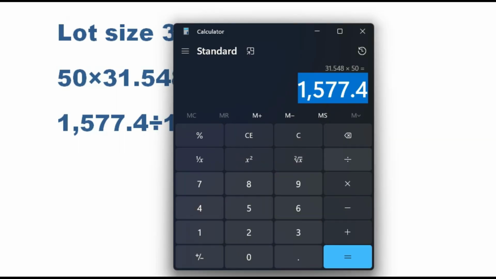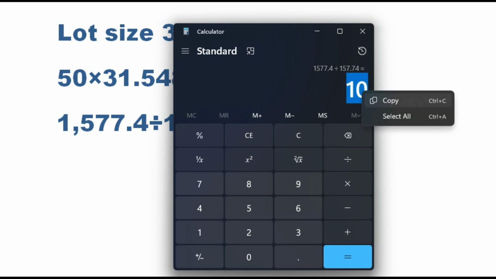When you divide this on our calculator here, you get this value here.